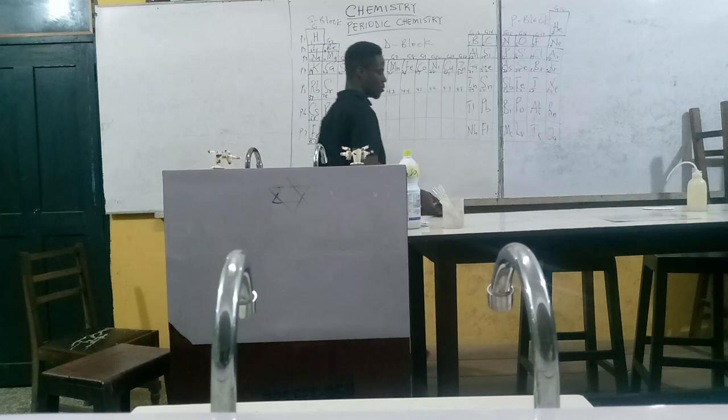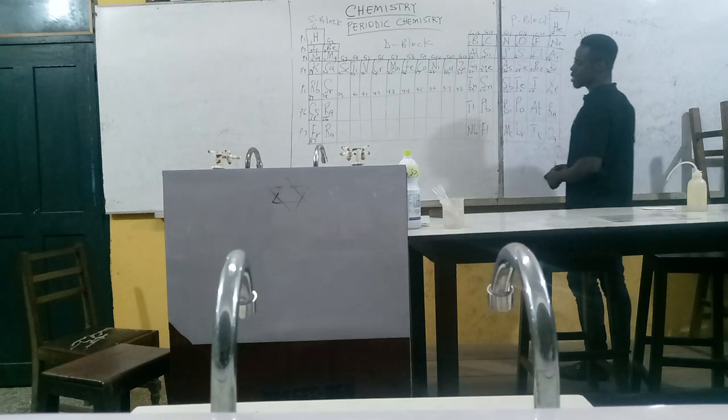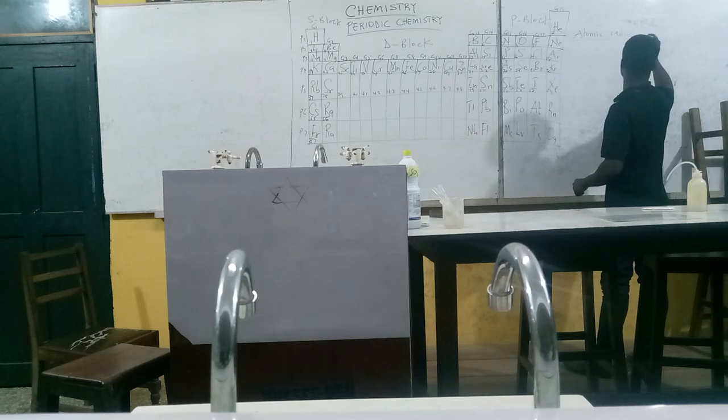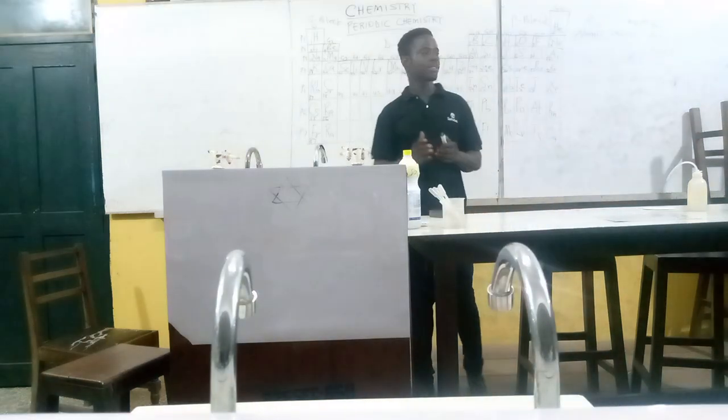So let's start with the first type, which we call atomic radius or atomic size, the same thing. Now, when we talk of atomic radius or atomic size, just like the concept you have studied in mathematics, look at this.